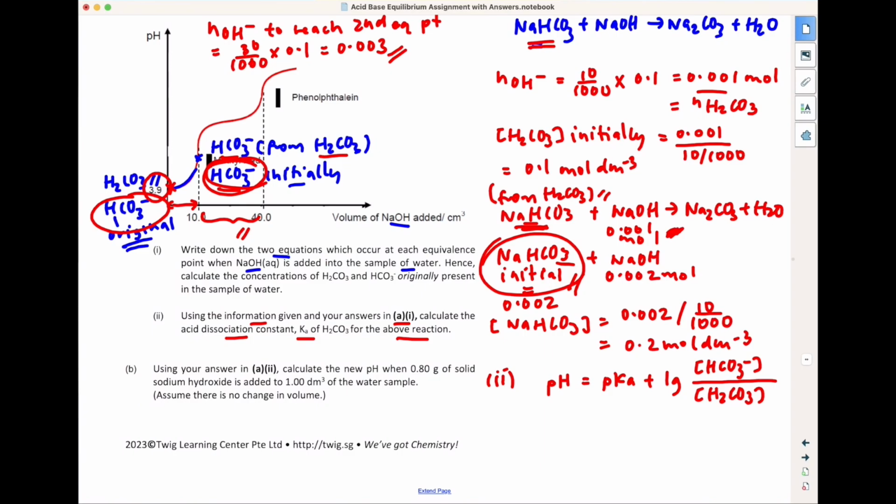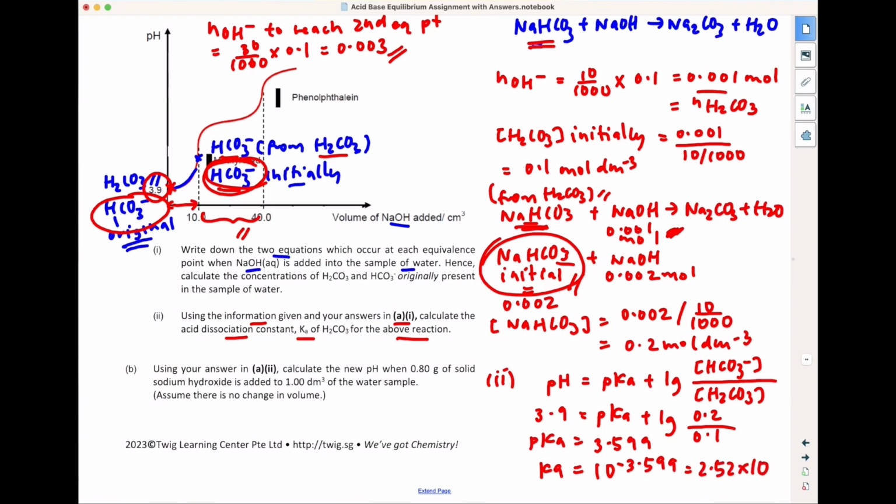So I plug it in: 3.9 equals pKa plus log of 0.2 over 0.1. You can calculate the pKa, which turns out to be 3.599. So the Ka is 10 to the power minus 3.599, and that gives you a value of 2.52 times 10 to the power minus 4 moles per dm cube. So that's how we do part 2.